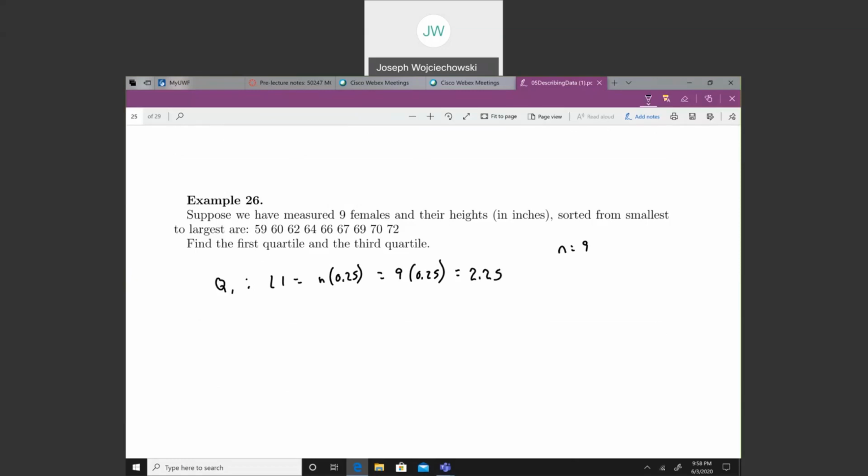Let me double check that. Yeah. So that would mean the third data point, which would be 62.